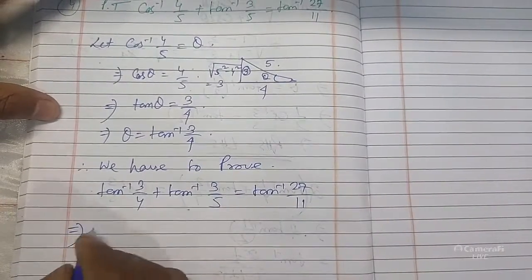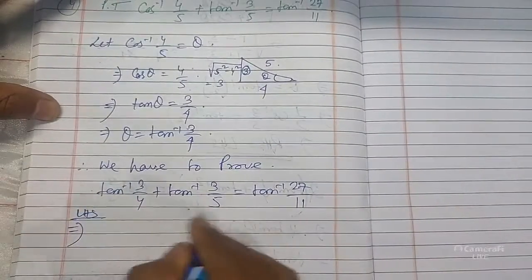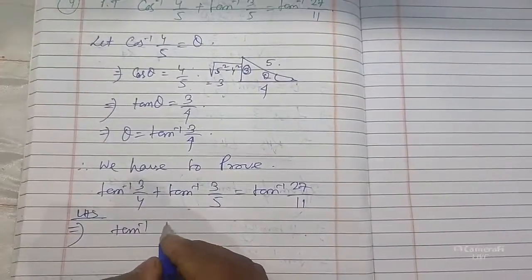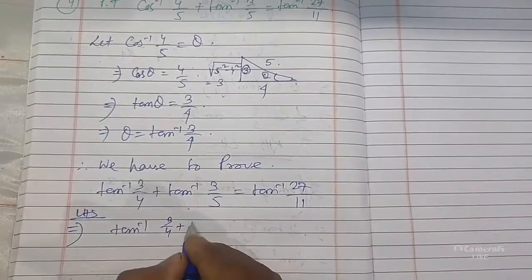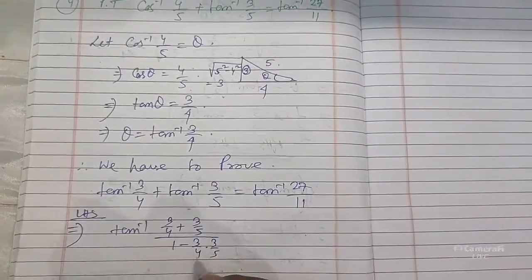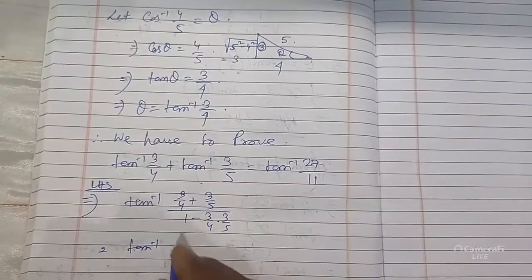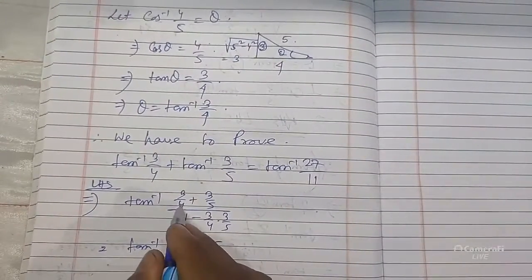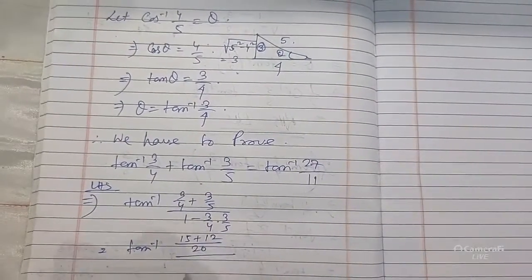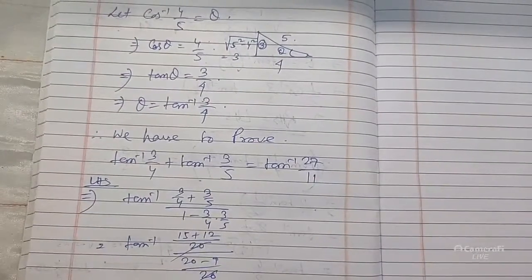Which implies LHS. Now if we solve, tan inverse 3 by 4 plus tan inverse 3 by 5 means tan inverse of 3 by 4 plus 3 by 5 divided by 1 minus 3 by 4 into 3 by 5, which equals tan inverse, here LCM is 20, 15 plus 12, 20 minus 9 by 20, 20 cancel.